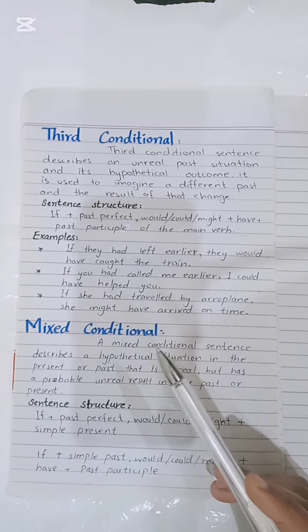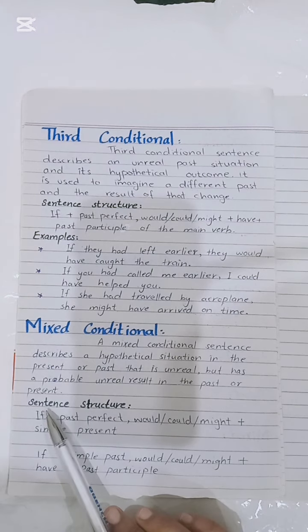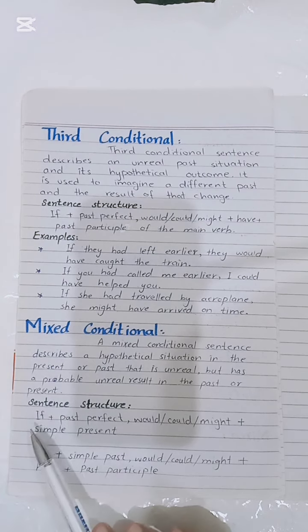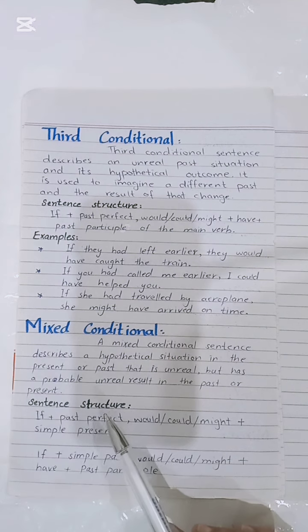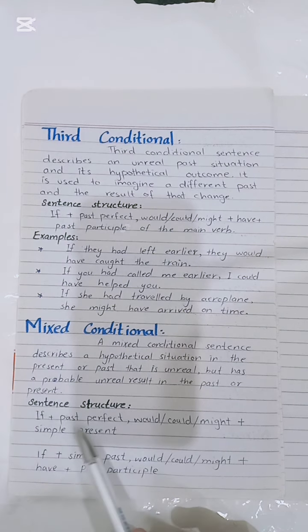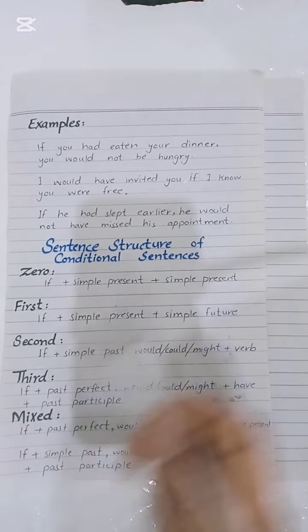They reflect on a past action and its impact on the present. Its sentence structure is of two types. Let's see. If, then past perfect with would, could or might, then simple present. The next type is if, then simple past with would, could or might, then have and then the past participle.